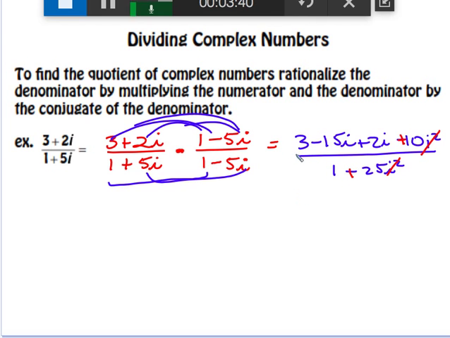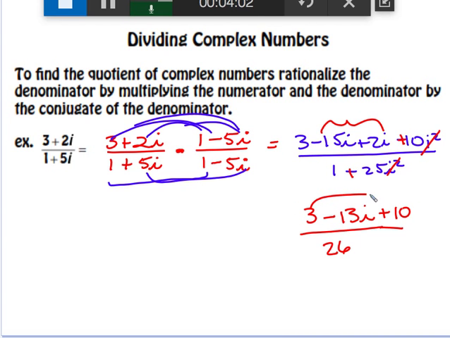So you end up with 3. These are like terms. Negative 15i plus 2i is negative 13i. And 1 plus 25 is 26. And don't forget, you still have the plus 10 over here.